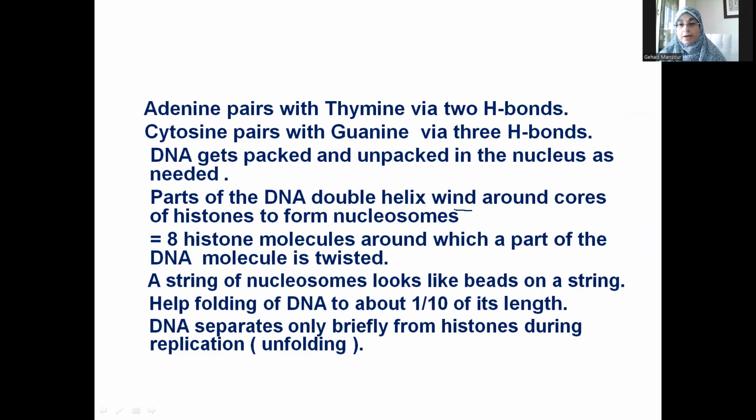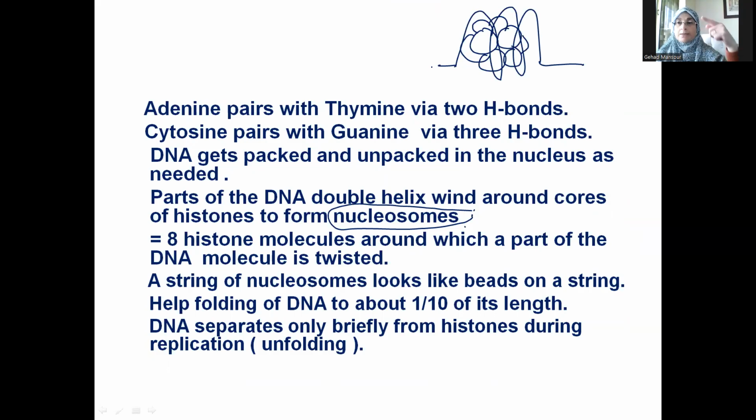And of course, you know from your study of the structure of the cell that we have structures called nucleosomes, and that every nucleosome is nothing but 8 histone molecules around which we have a piece of DNA that is wrapped, and that this first preliminary winding of the DNA molecule around the 8 histone molecules helps fold the length of the DNA molecule 10 times, and therefore instead of having, for example, a length of 1,000 units, we will have a length of 100 units.